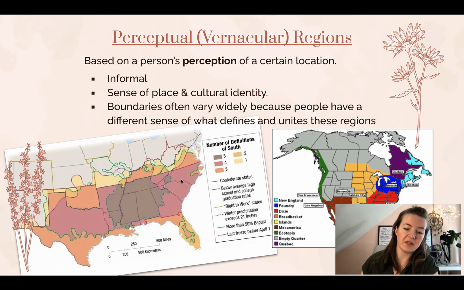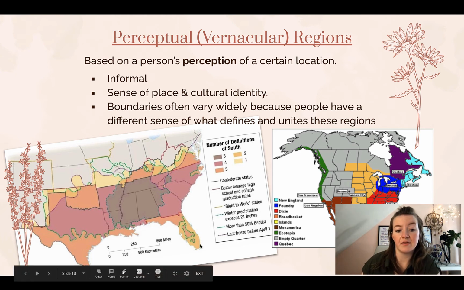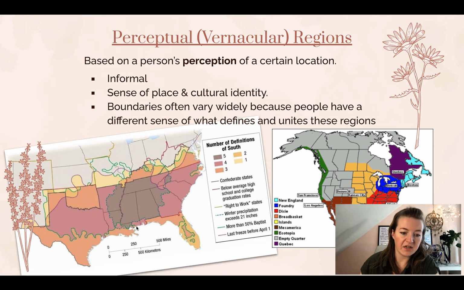So sometimes they include Virginia, sometimes they include parts of it, and actually this one right here includes part of it that I'm from, and I would count. Some include parts of Florida, but not the entire thing, and I would agree with that. I used to live in Florida. Some only include this space right here.